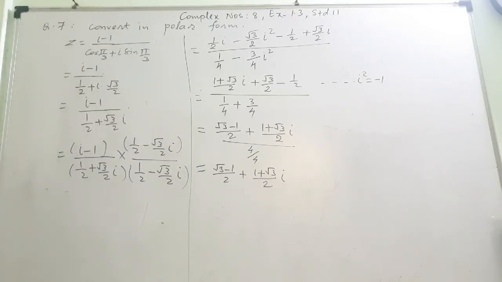So this much part is now what they want. So this is of the form a plus bi, isn't it?